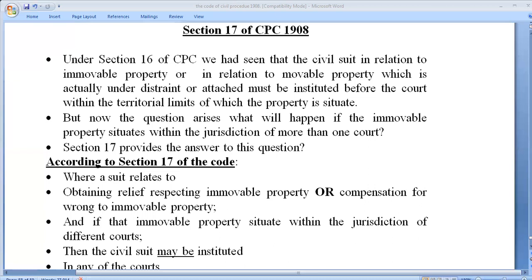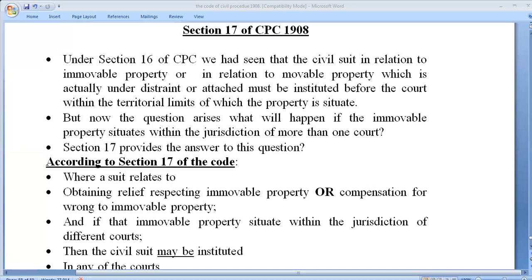So it is very clear here that this section number 17 only talks about the dispute in relation to immovable property. It does not deal with the suit in relation to any movable property. Okay, I want to repeat it again. Where a suit relates to obtaining relief respecting immovable property or compensation for wrong to immovable property.